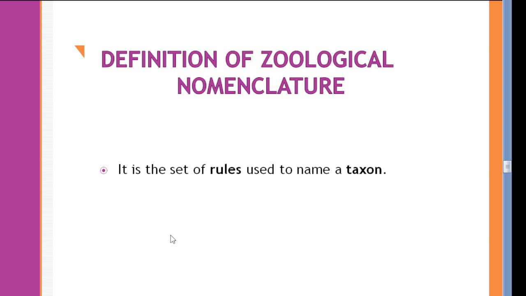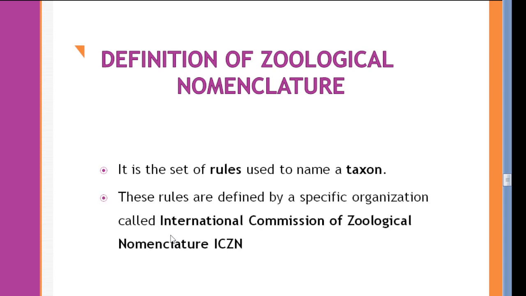In zoology, there are some rules, and these rules were established by a specific organization called International Commission of Zoological Nomenclature. This organization has presented a set of rules, and today we will talk about all this.